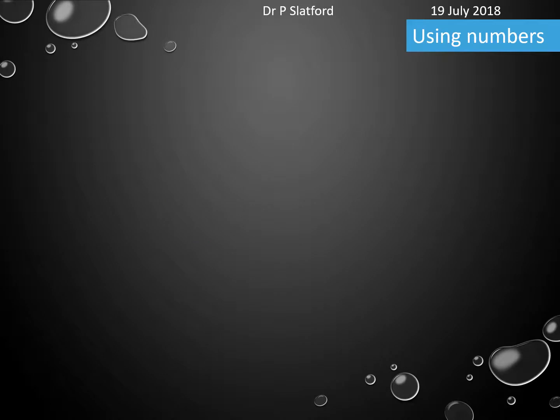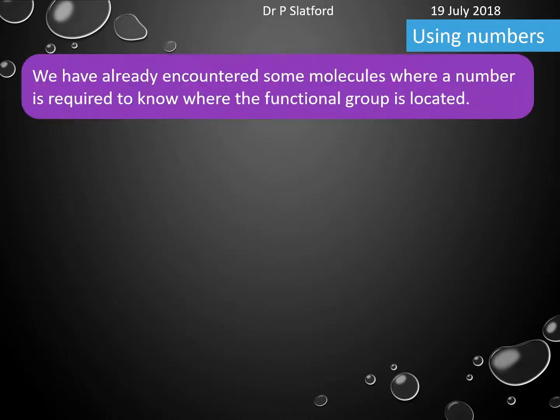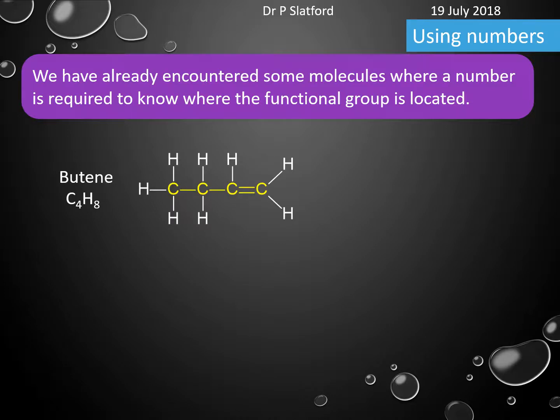But sometimes there might be multiples in there, or we just need to know more information about where the functional group is located. So I've put this one up here before, and I've said that this is butene.